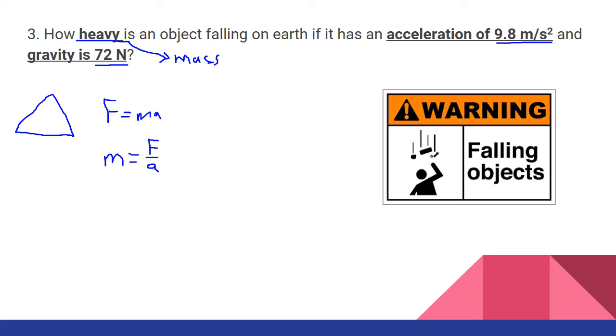Quick look at the triangle again. If you cover up mass, you'll see the same thing, force divided by acceleration. And so we'll plug in our numbers here, and mass is going to be equal to a force of 72 newtons divided by an acceleration of 9.8 meters per second squared.